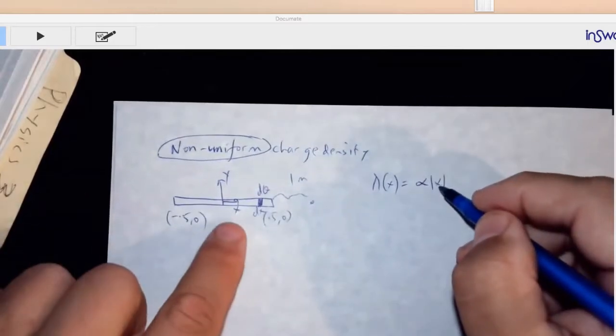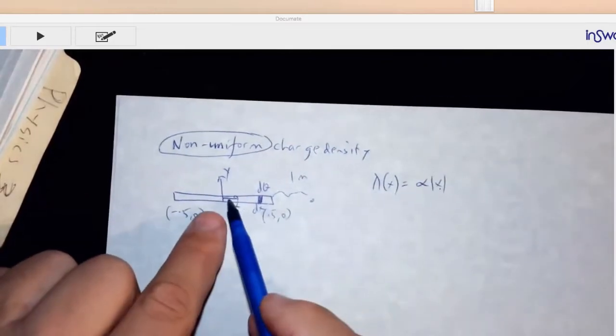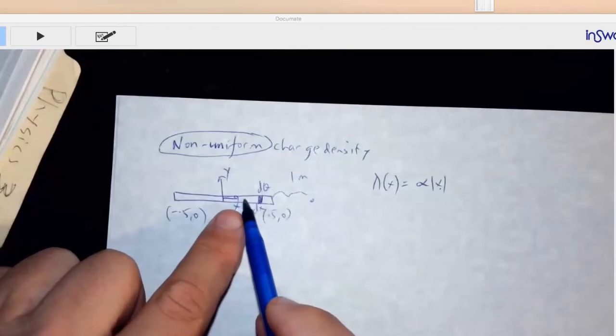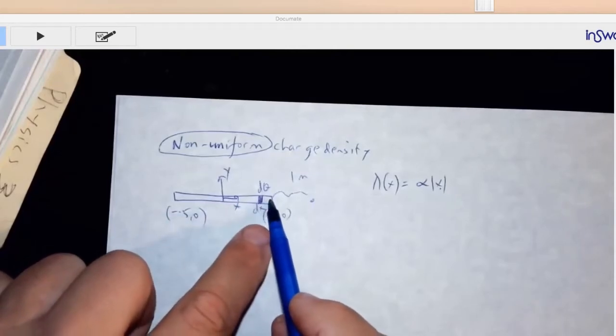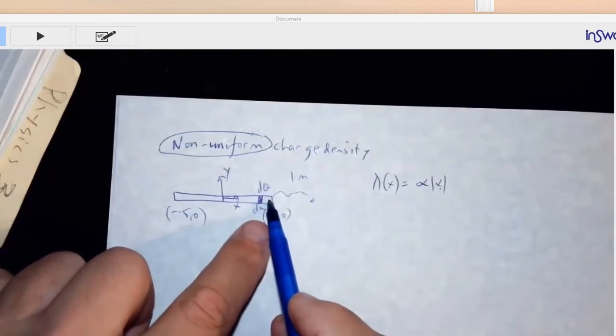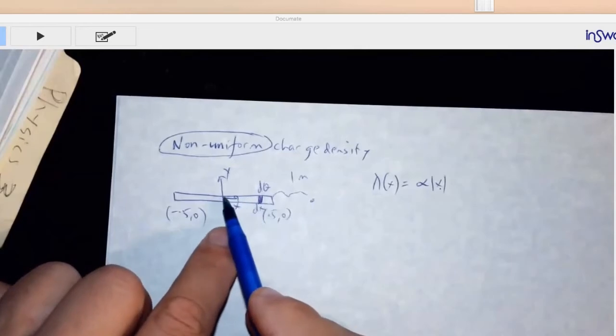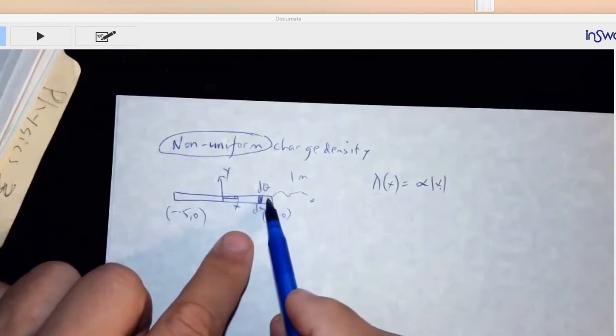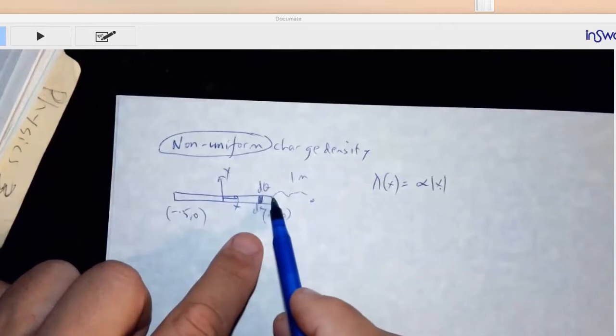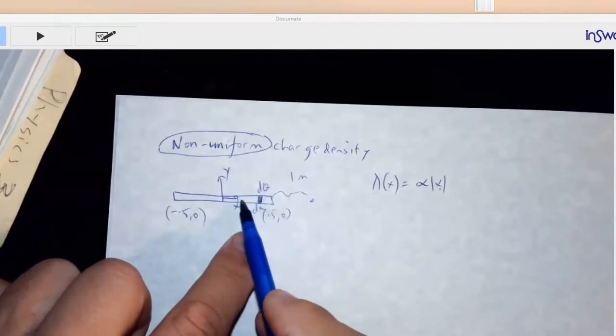So that would take care of the fact that if the charge is increasing linearly, that means as you go to the right side of the rod, this point has twice the charge density as this point, and then the middle is 0. If this point has twice the charge density, it's got twice the more charge here than here.